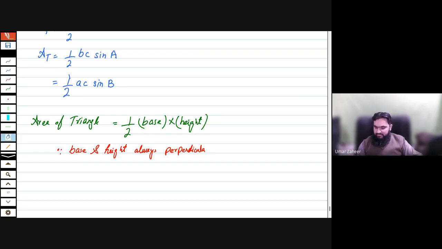Look here, for example, if I'm making a triangle, I'm just going to draw this height. So look here, this is the side of a triangle, and this side is making a 90-degree angle. So I can take any side as a base. Let's say I take this one as a base. Mostly we take the horizontal side as the base and the vertical side as the height.